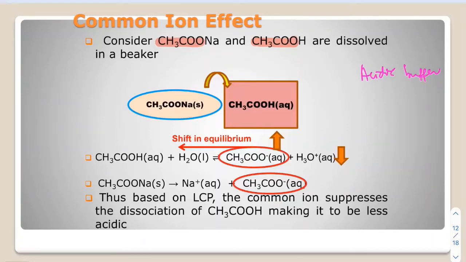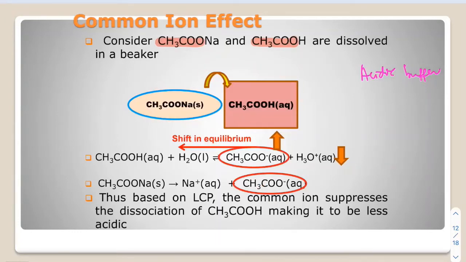The common ion, as I said just now, is the acetate ion. Acetic acid undergoes dissociation, forming acetate ion and H3O+. Sodium acetate, the salt, during dissociation forms Na+ and acetate ion. So we have acetate as the common ion in our system.